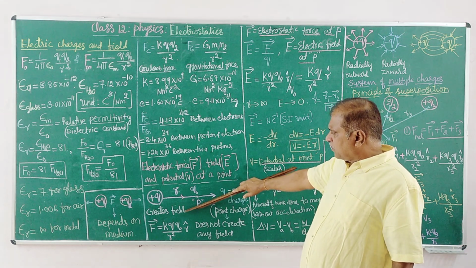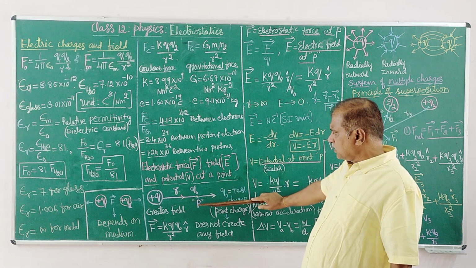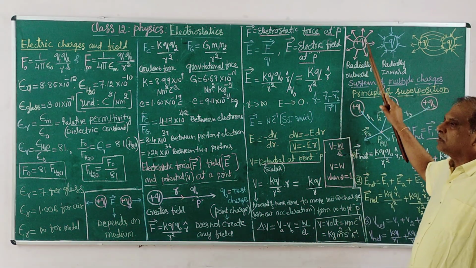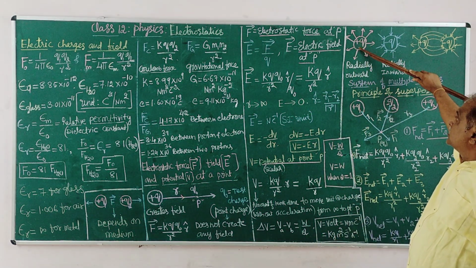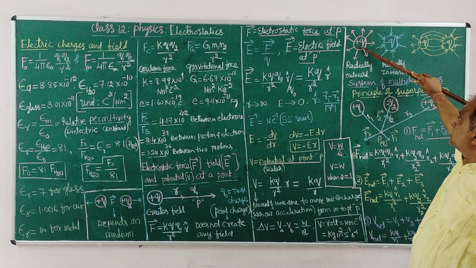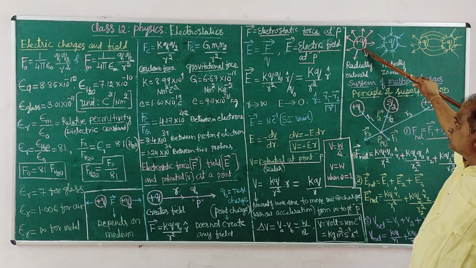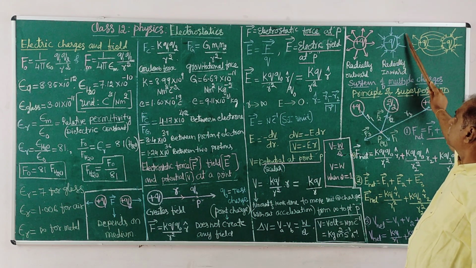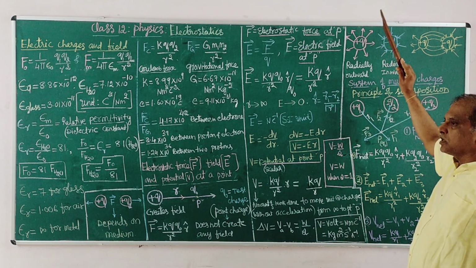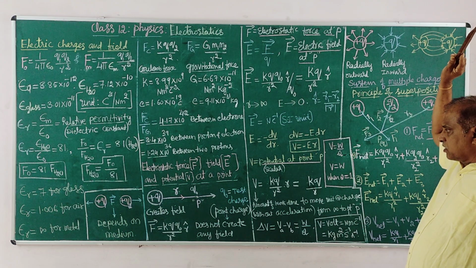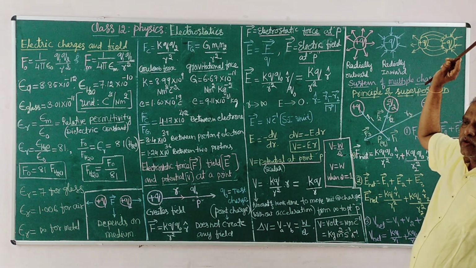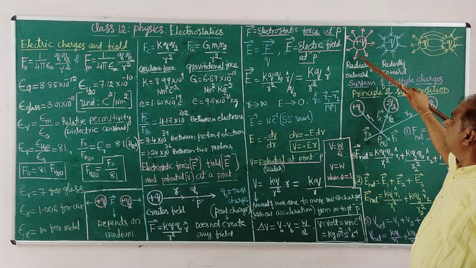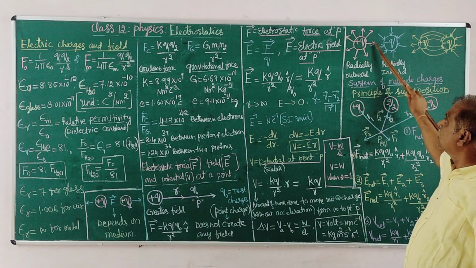We can visualize electric field in the form of electric lines of force like this. You see these are electric lines of force with respect to a positive charge, in the isolated state, where only a positive charge is present in the system. If a negative charge is present, these are the electric lines of force. The electric lines of force have directional character. For a positive charge, the direction is radially outward in three dimensions all around.